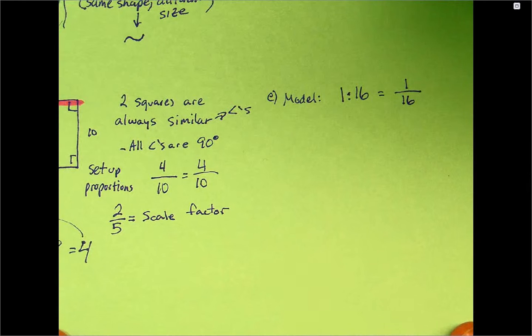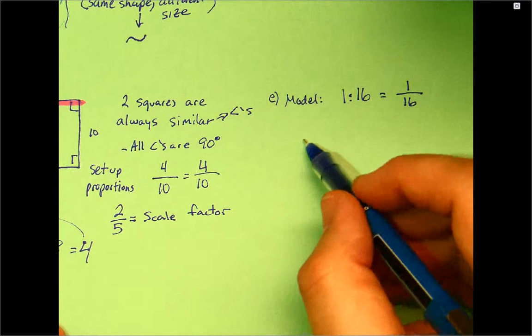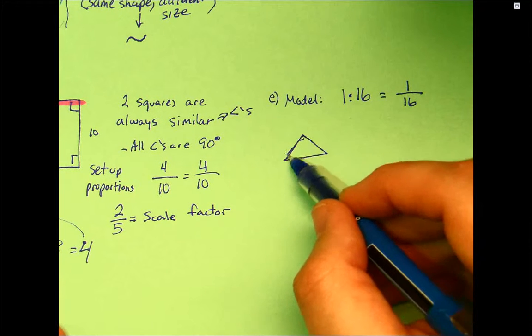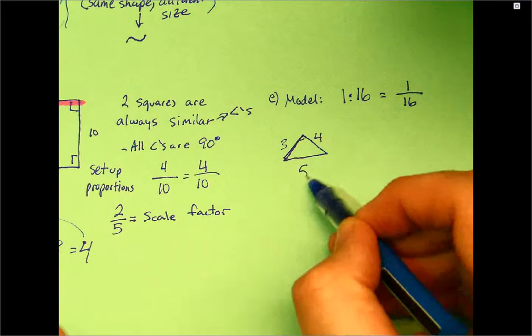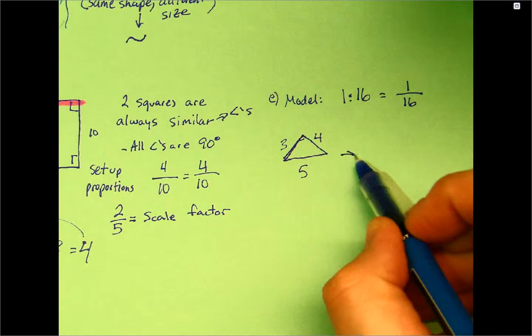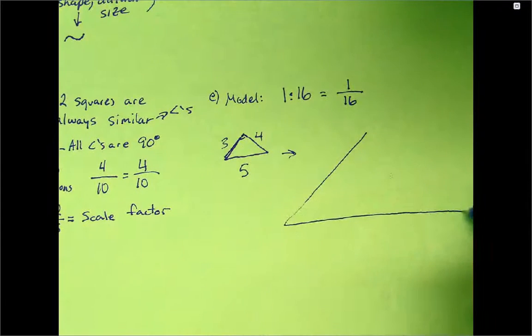So if you had a model, say you had a model triangle like this, and that was 3, 4, 5. And I wanted to figure out the bigger triangle. Now this is not drawn to scale.